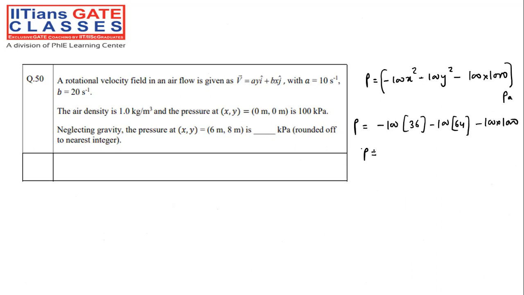If you just calculate, you'll be getting 90,000 Pascal. But we have to remember that we have to calculate in kilopascal. So it will be 90 kilopascal. So what will be the answer? 90 kilopascal will be the answer for this particular question, right?